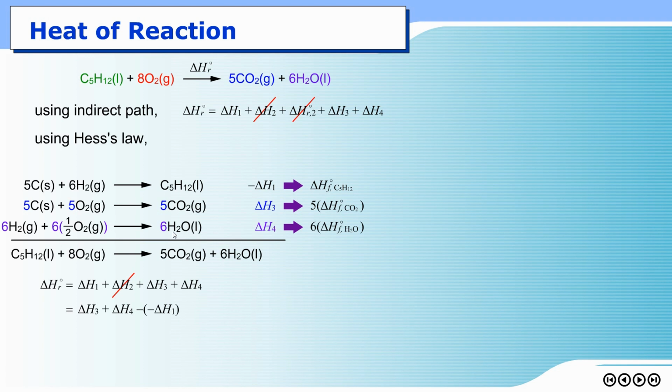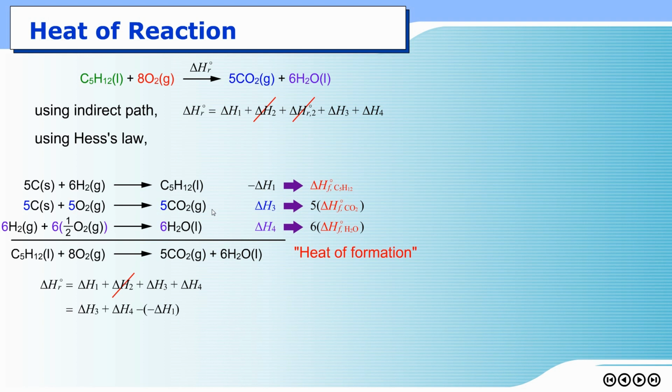Similarly, here is the formation of water, the heat of formation of water, which you multiply by 6 to get the same number as delta H4. All of these are called heat of formation because each single equation generates only one compound, forming this particular compound.